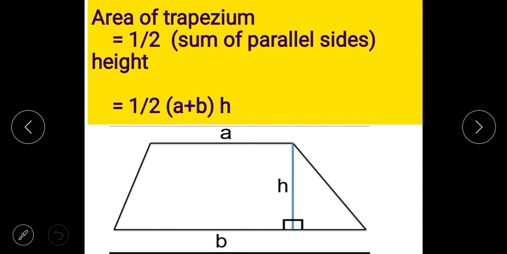So the area of a trapezium is half into A plus B into h, or simply half the sum of the parallel sides into height. Height is the distance between these two parallel lines. This is the area of the trapezium.